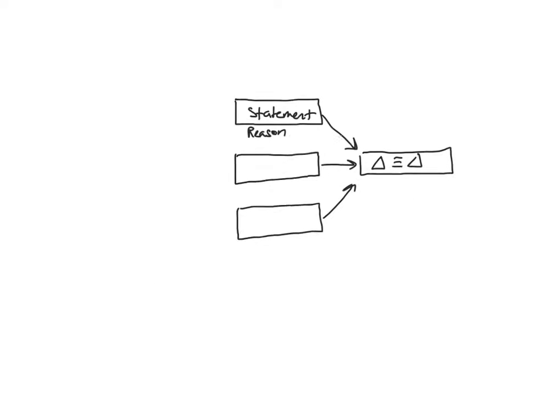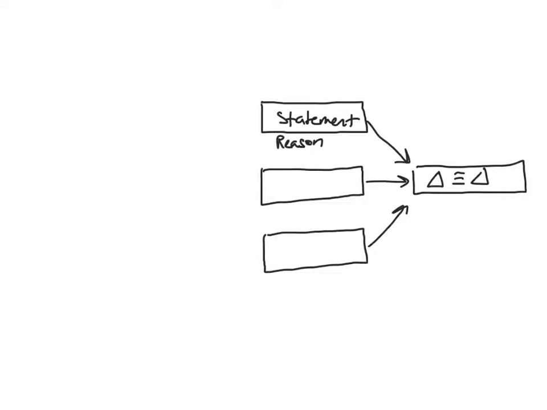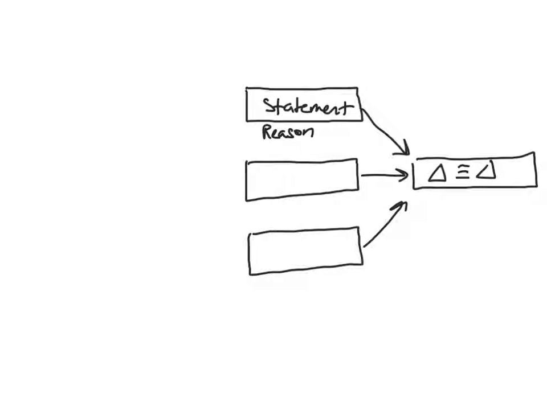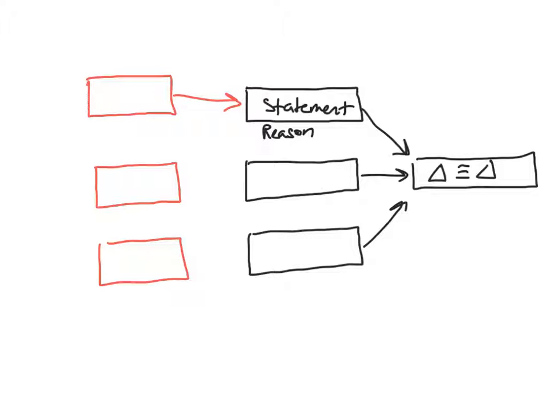Now, there will be times in this class where you're going to have other things out here. You know, maybe this statement which gives us that statement. Or maybe two statements that give us that statement. Okay? You might have other things working in this proof, but that basic structure will be there.